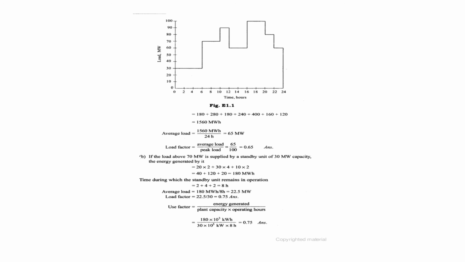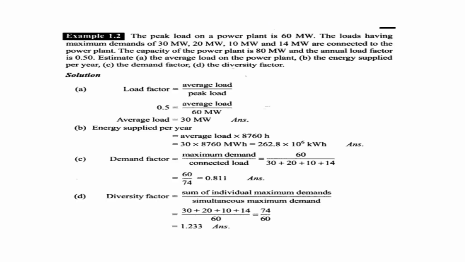This is a load curve. First is 6 hours, 30 megawatt. Next 4 hours, 70 megawatts. Then 2 hours, 90 megawatts. Again here we have 60 and here we have 100. Likewise, we are drawing the load curve and doing this calculation.